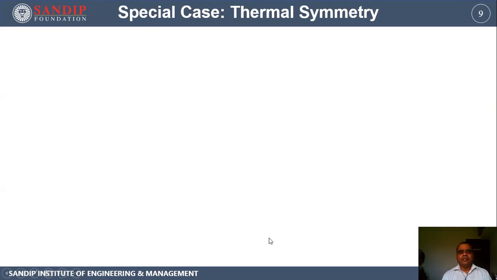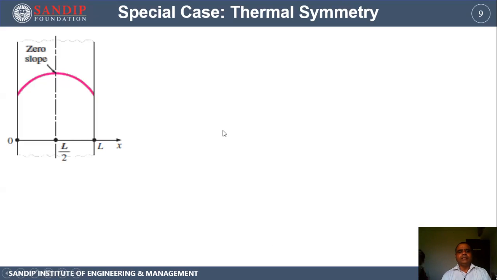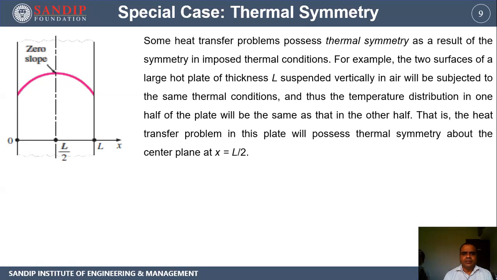The second special case of the specified heat flux boundary condition is called thermal symmetry. Now, what is this thermal symmetry? Some heat transfer problems possess thermal symmetry as a result of the thermal conditions imposed. For example, the two surfaces of a large hot plate of thickness L. This is a hot plate, say of thickness L, suspended vertically in air.